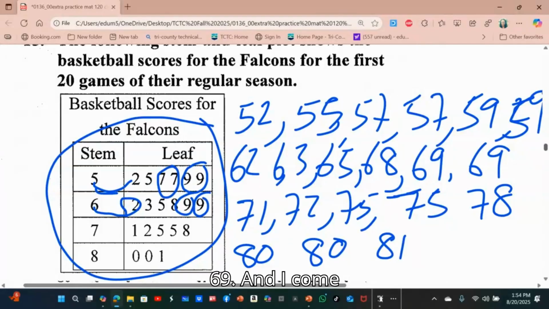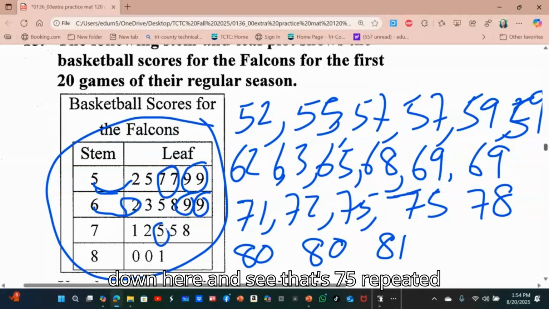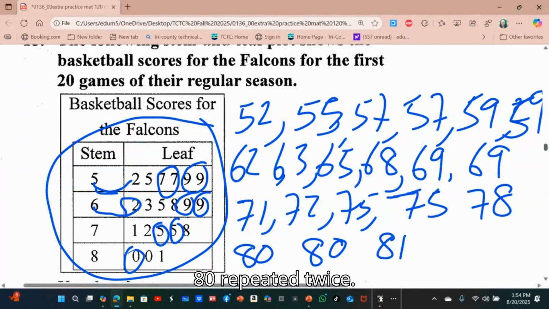Down here 75 repeated twice, and 80 repeated twice. Therefore, this data has many modes. It's multimodal. The first is 57, second is 59, third is 69, fourth is 75, and the last is 80.